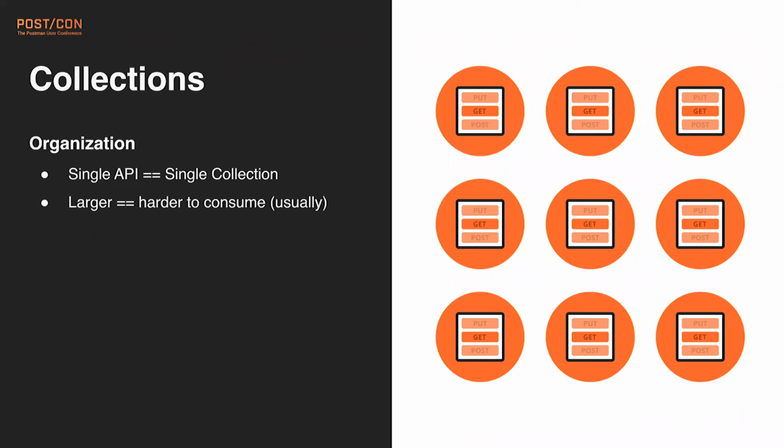Whereas if you're working across several different APIs, like a Twitter API and a Google Maps API, it can be harder to consume when you throw them all into the same collection, unless you really do need, for a testing purpose, to be interacting with all of them. So if you're sharing an API for documentation purposes, or just to show people how to use it, then it oftentimes makes more sense to sort them into a single collection.